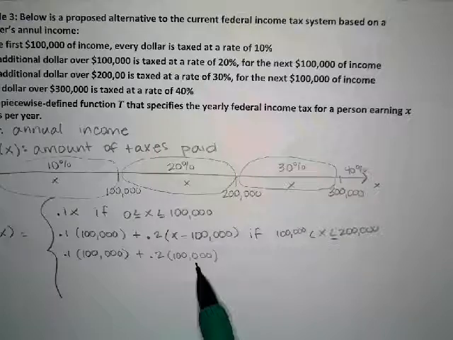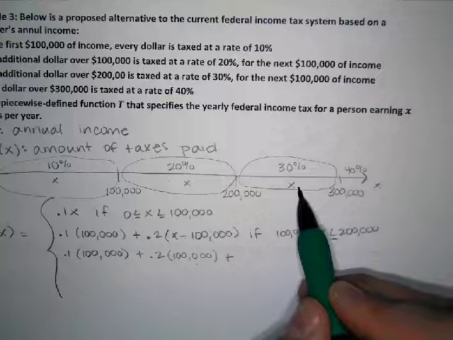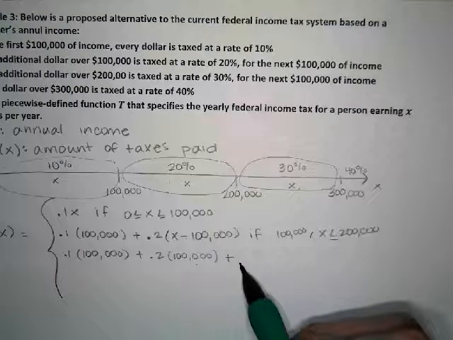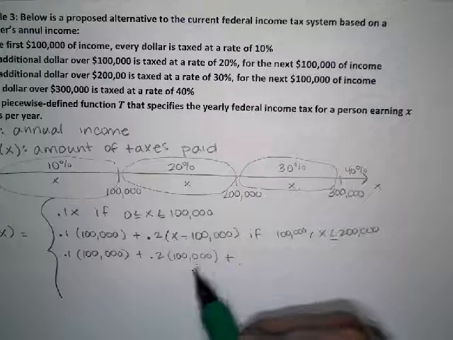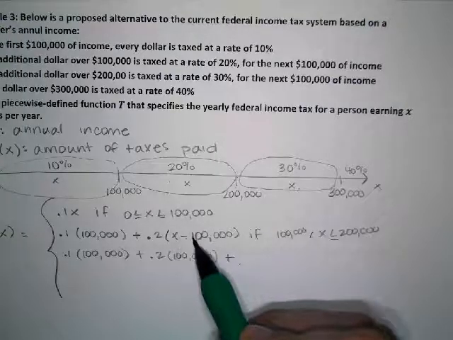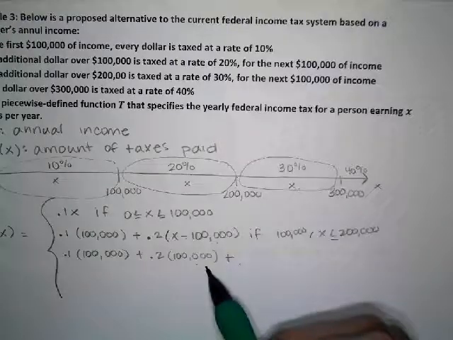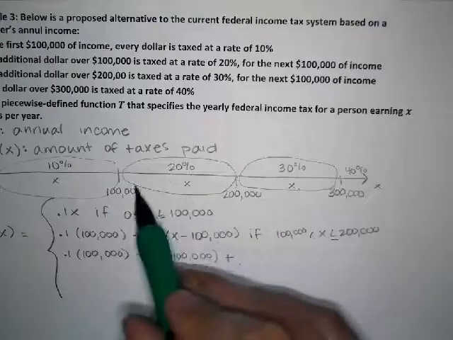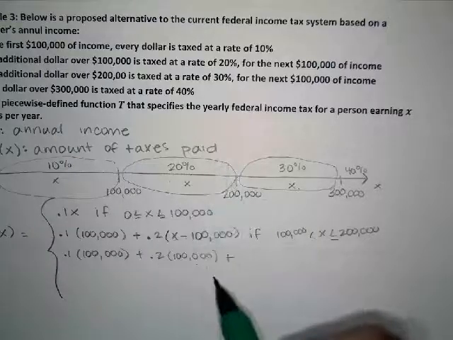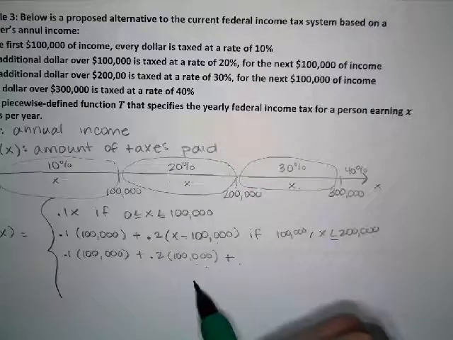So now that we're in the third bracket, what are we going to write? I said for this parenthesis, I simplified 200,000 minus 100,000 and got 100,000. If I got past this bracket, that means I made over $200,000, which means I must have plugged in 200,000 for X to be able to get past it.